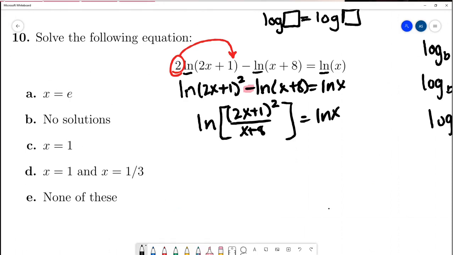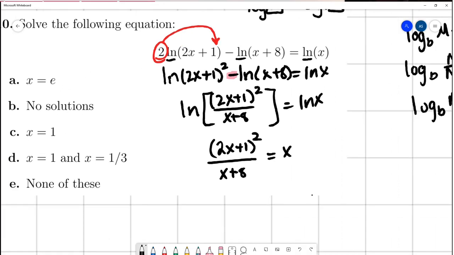Now we have a single log on each side. We can equate what's inside those logs. That gives us the equation (2x plus 1) squared over (x plus 8) equals x.